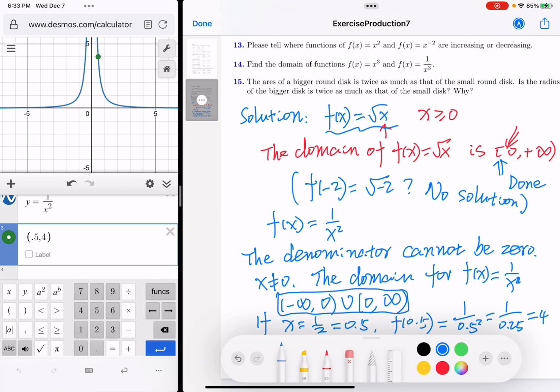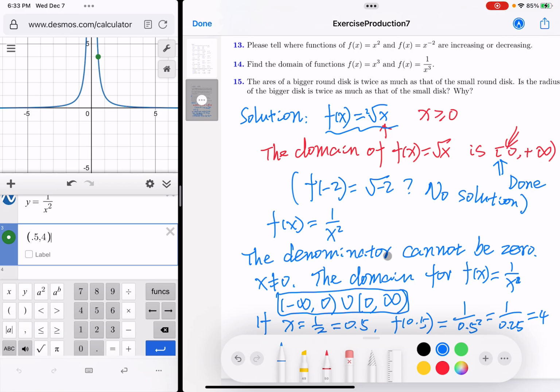So basically, those two cases are very typical. For an expression with a radical, and here the index is 2, square root, if we didn't write it, the index is actually 2. So it has to be positive or 0.